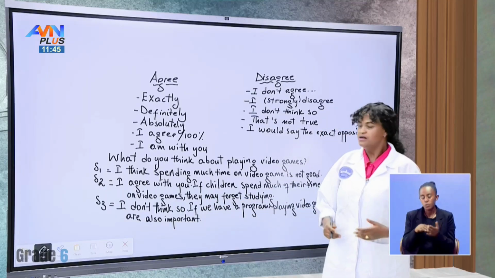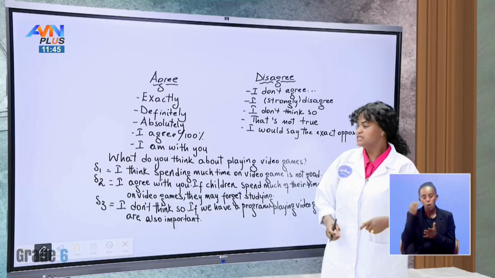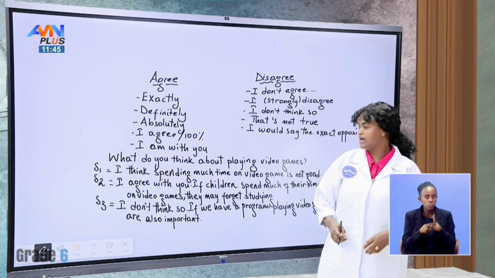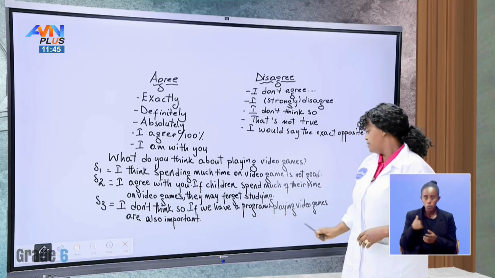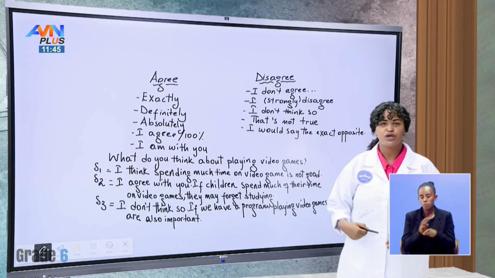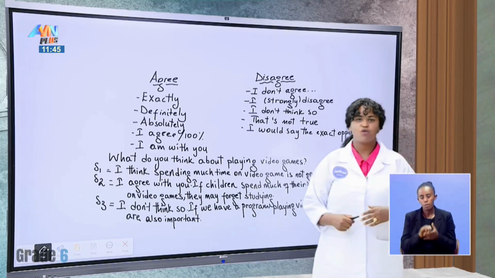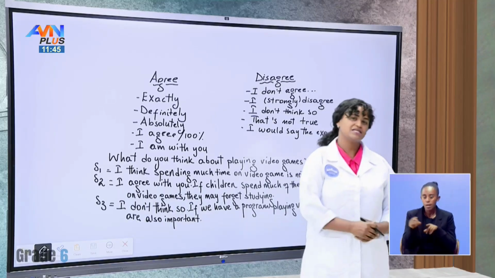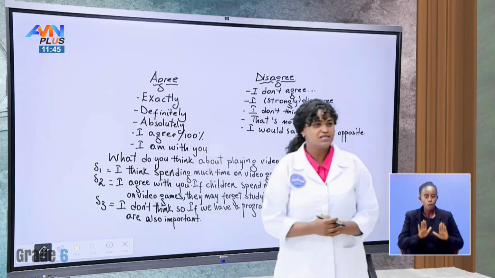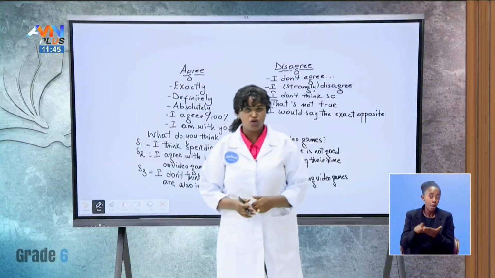That's personal opinion. But speaker 3 comes with an opposite idea. Then he says, I don't think so. If we have a program, playing video games are also important. This is how we ask opinion, give opinion, agree, and disagree. Wonderful. That is our last week's lesson.